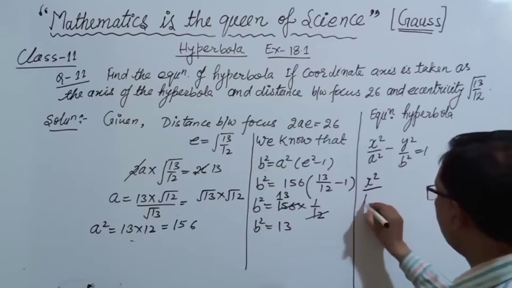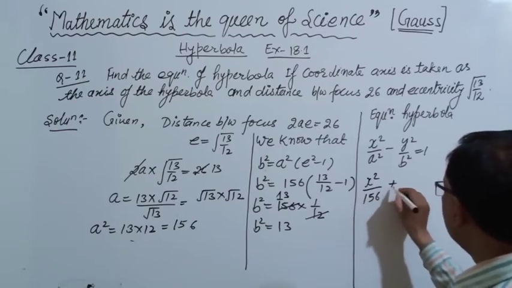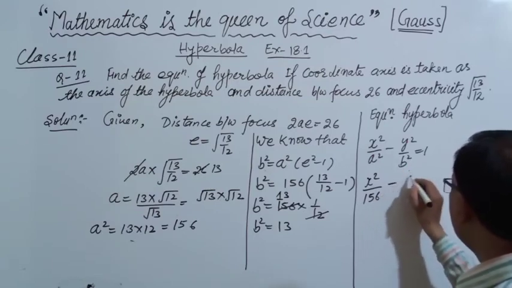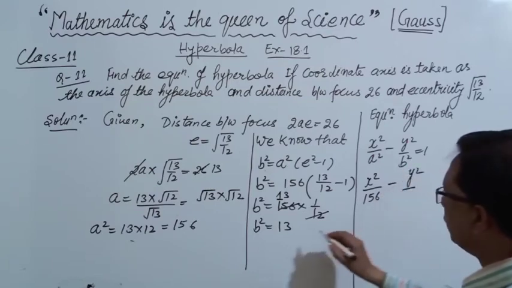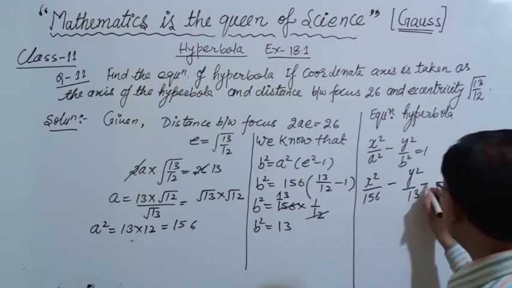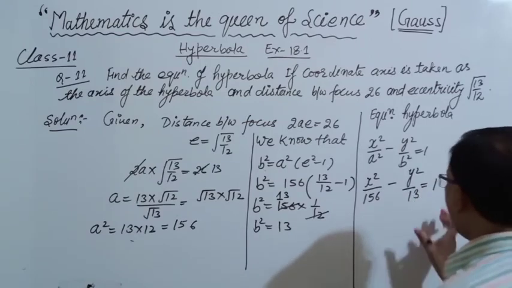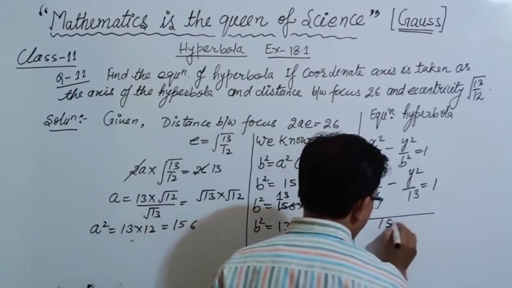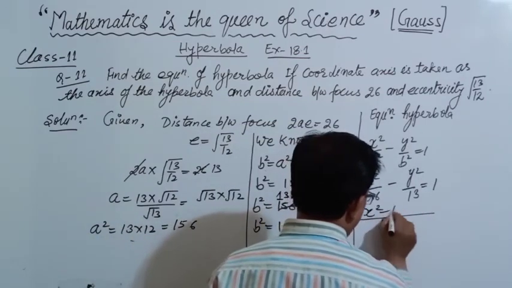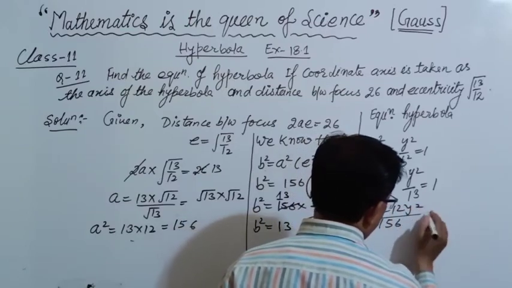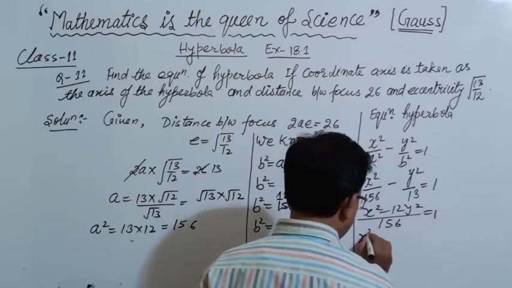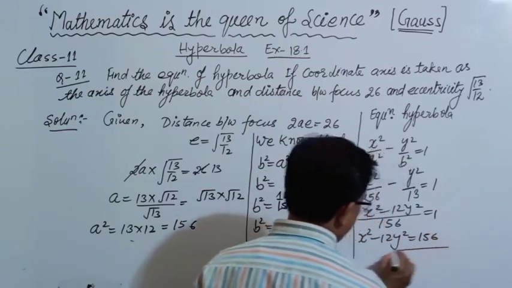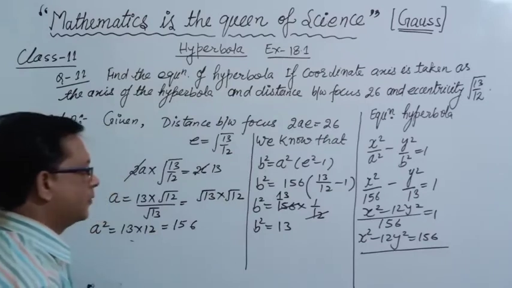A square is 156, minus y square and b square is 13, is equal to 1. Now we take the LCM. So here 156 is the LCM. This is x square minus 12 y square is equal to 1. So x square minus 12 y square is equal to 156. Student, this is your final answer.